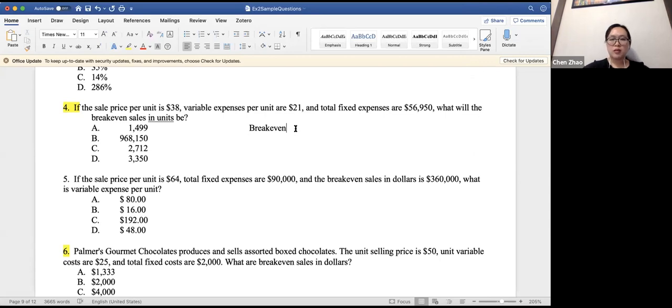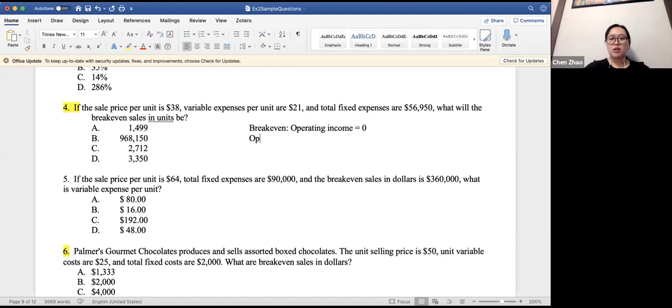Break even means operating income is 0, right? So that's what we want to figure out. All our contribution margin from the products that we sell can just cover our fixed cost. Okay, so that's our break even. We do not make money and we do not lose money.